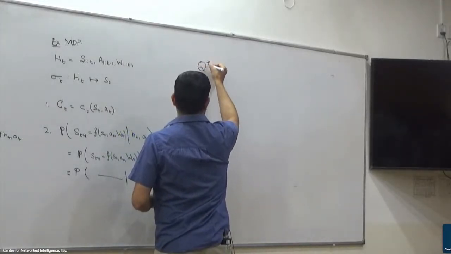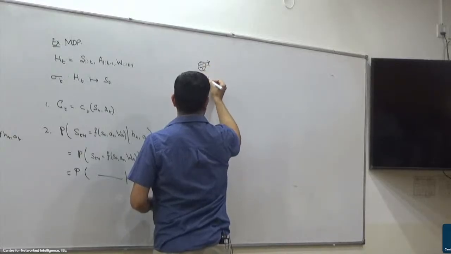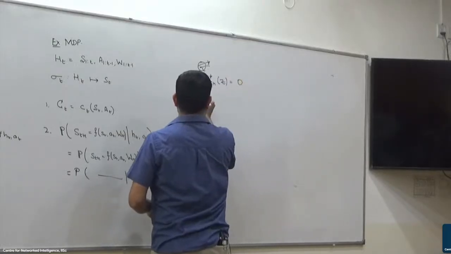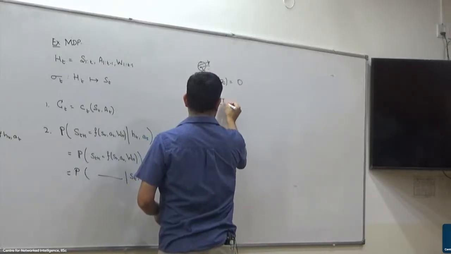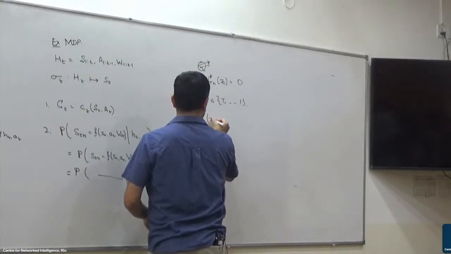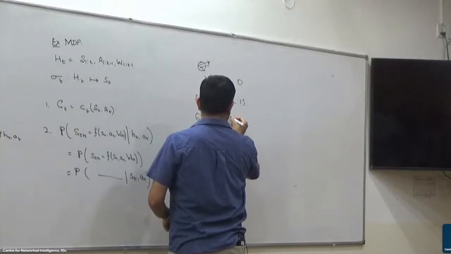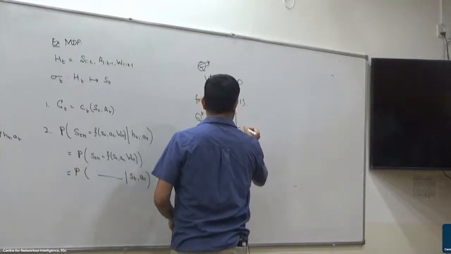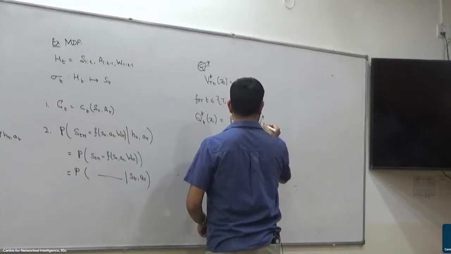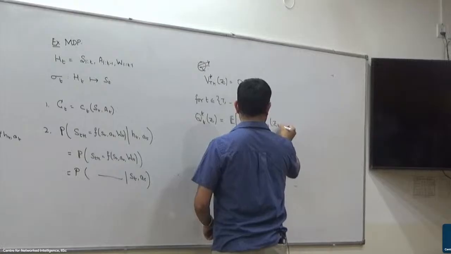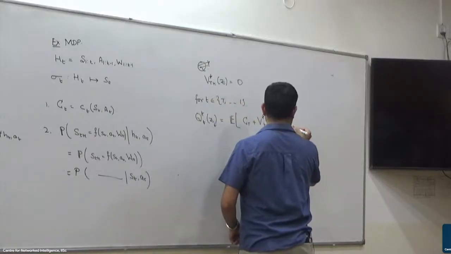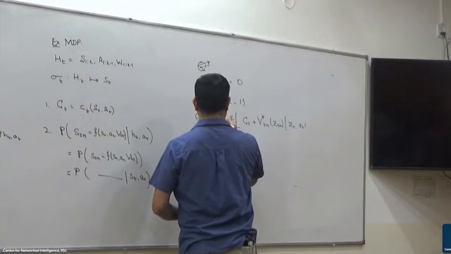Let us just do V star t plus 1 of Z equal to 0, and for all t, we will do Q star t of Z equal to the expectation of Ct plus V star t plus 1 of Z t plus 1, conditioned on Zt and At. Sorry, this should have been Zt and At also.